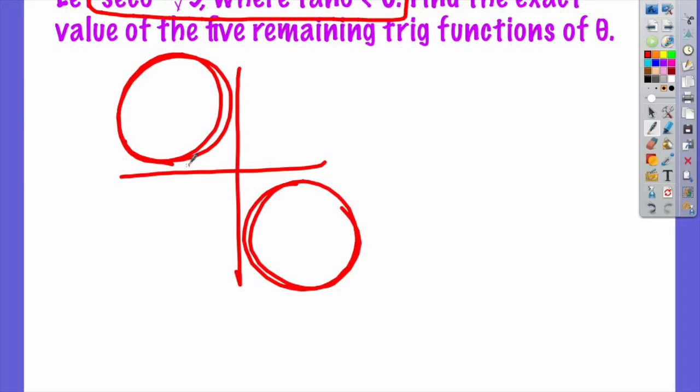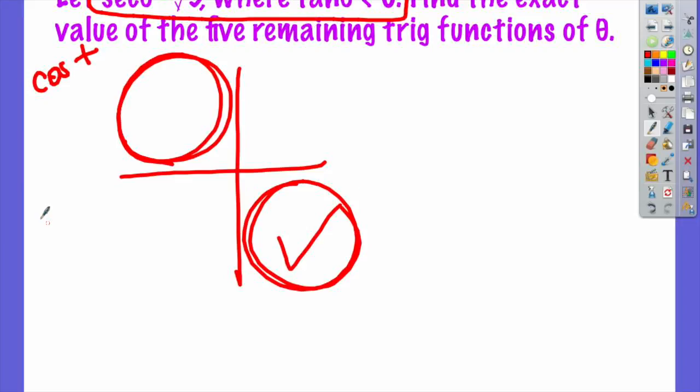Second and fourth. Now it says secant theta equals a positive square root of 3. Secant is the reciprocal of which one? Cosine. So out of these two, where's cosine positive? 4. So that's where you're going to draw your triangle.